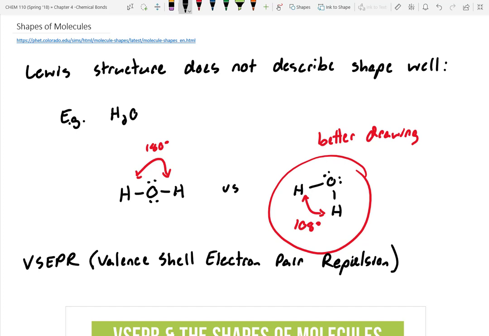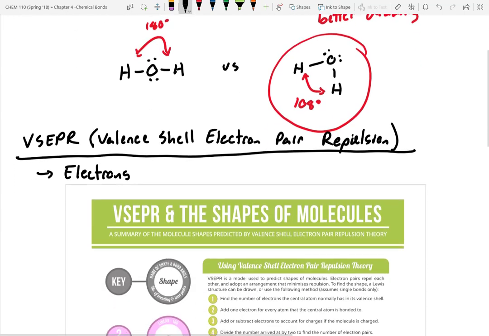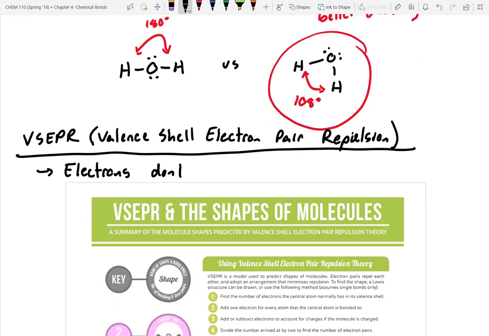It sounds way more complicated than it is, but really all VSEPR theory says is that electrons don't like being close to one another. Specifically, they don't want to be close to other pairs of electrons.